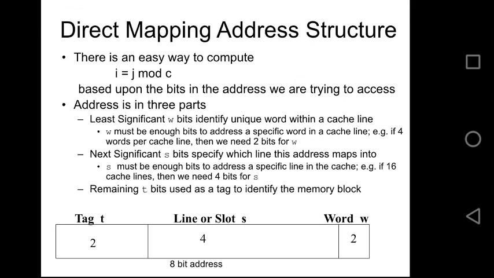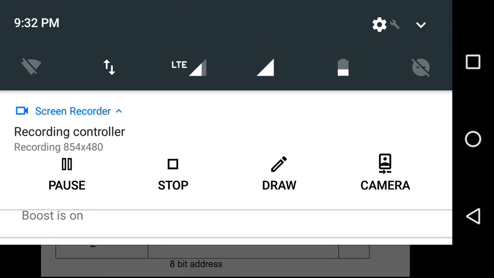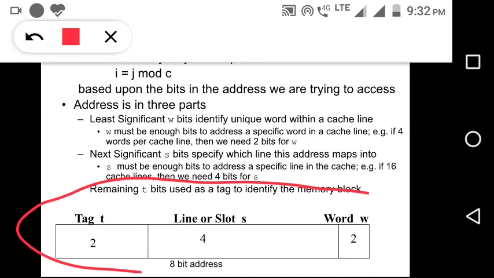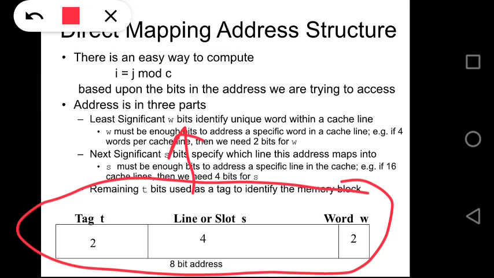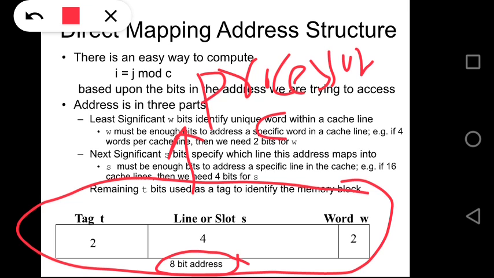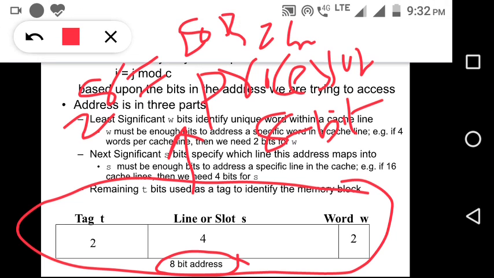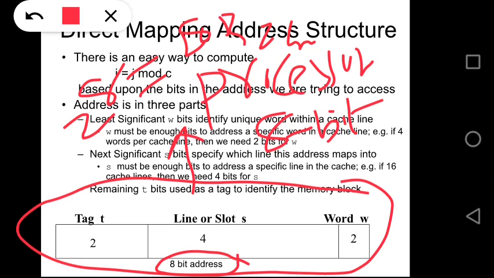For example, this is the address issued by the processor, which is an 8-bit address. 8-bit address means 2 power 8, so the main memory capacity is 2 power 8 bytes, that is 256 bytes.